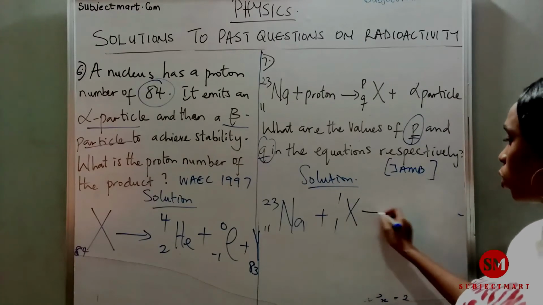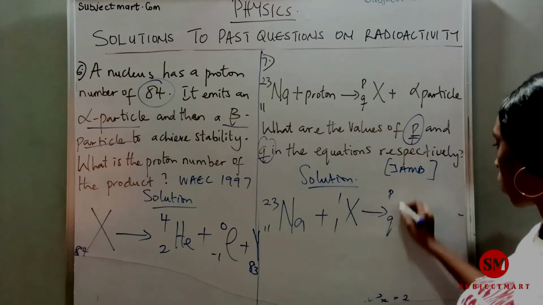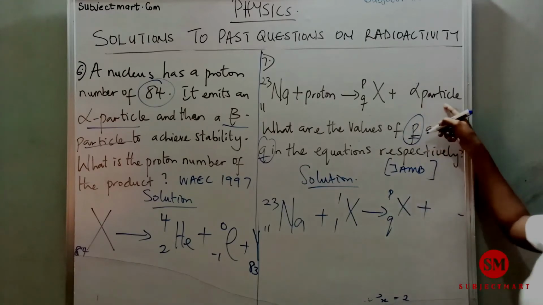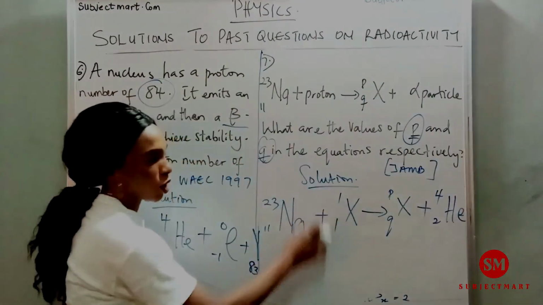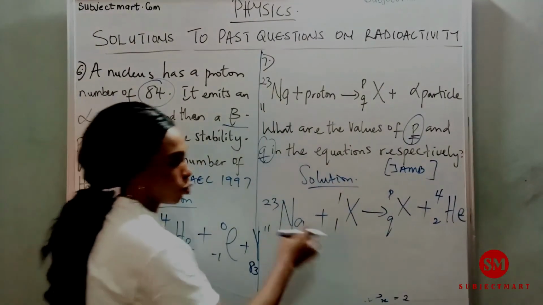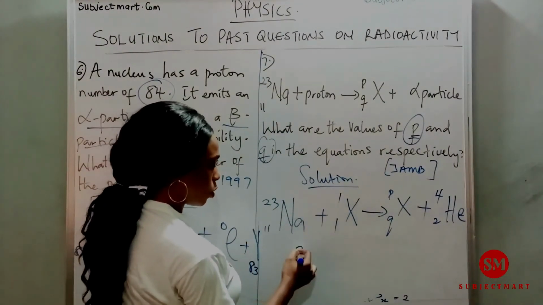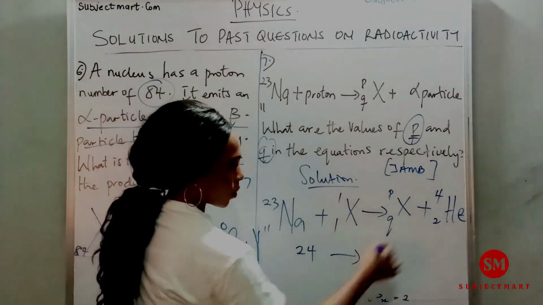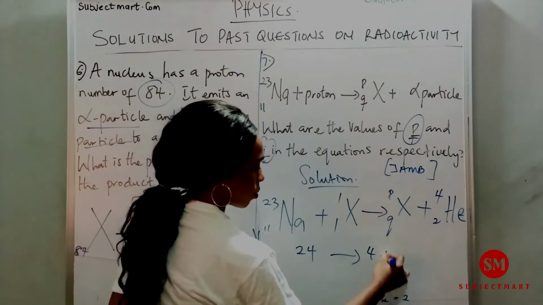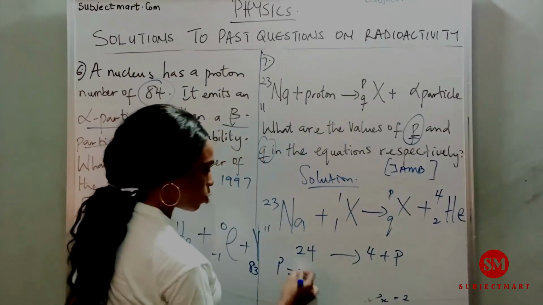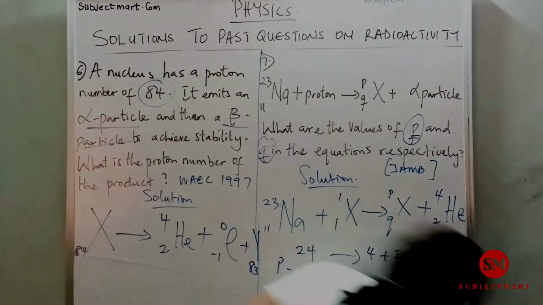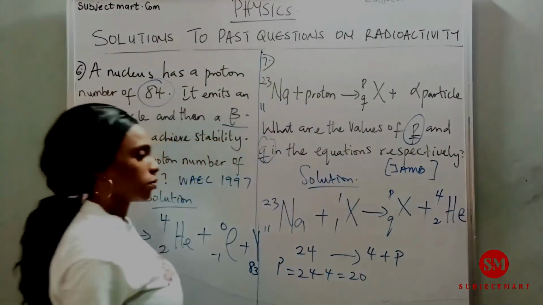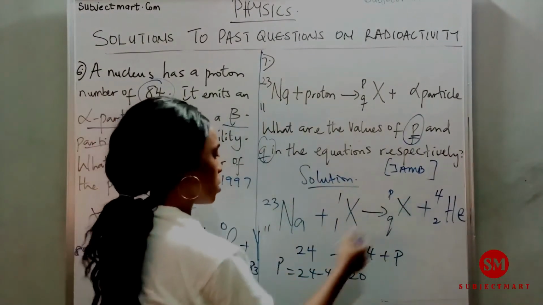So this is the proton, to give us X with P and Q, plus alpha particle, which is 4 over 2 He. So let's go ahead. 23 plus 1 will give us 24, which equals 4 plus P. So our P from here will be 24 minus 4, which equals 20. So our P here is 20.